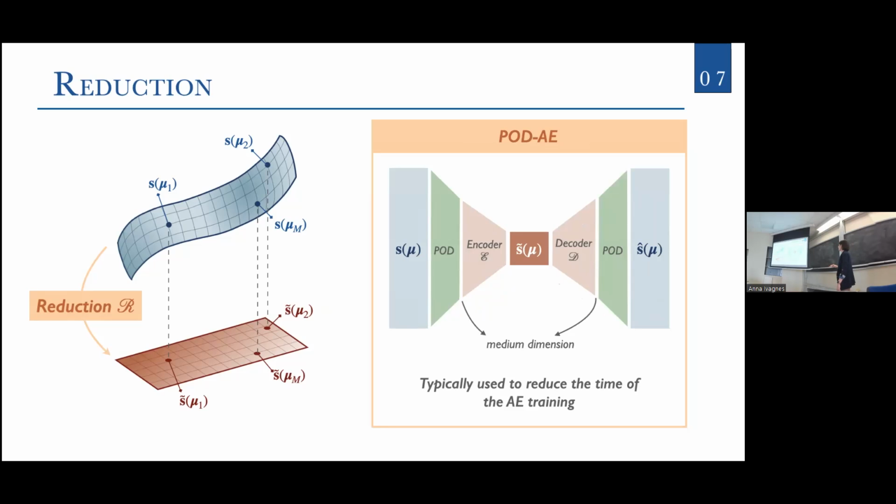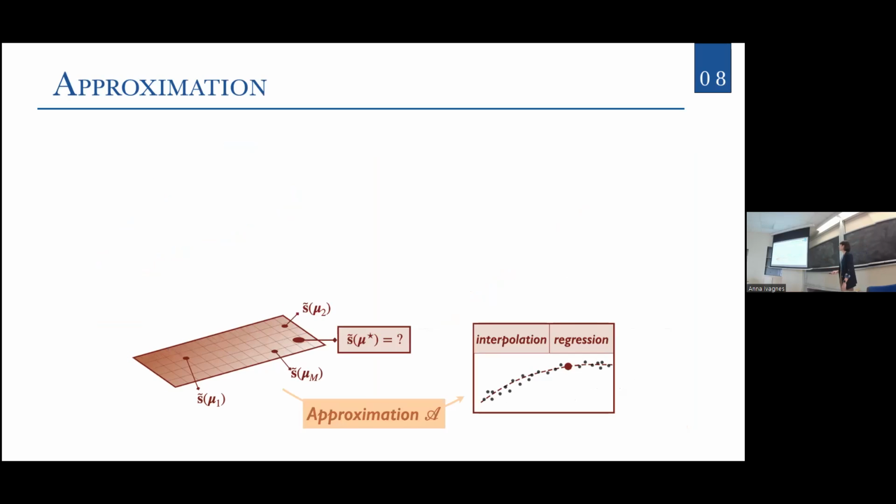For example, in this case, you can first decompose your initial matrix with a POD until a medium dimension, and then you can apply an autoencoder, okay? And as I said, typically you can use this approach to reduce the time of the training, or also because you cannot train the autoencoder with so high dimensionality.